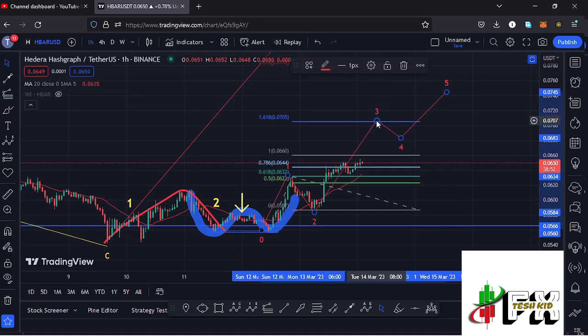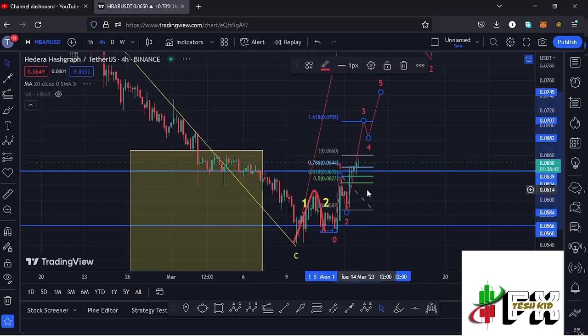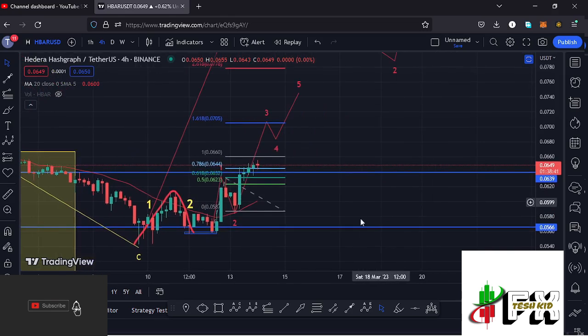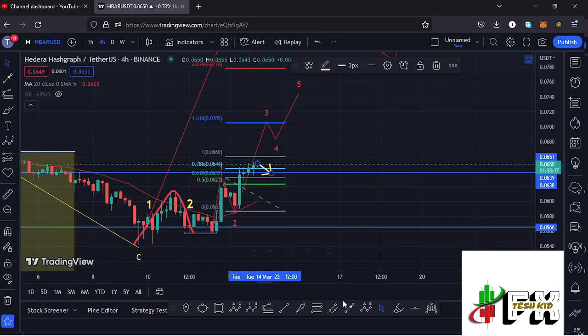So as long as we are holding above the 20-day MA, we continue holding above our key area of support that we have managed to break above here on the 4-hour chart at around the $0.0639 mark. We see even a retest of that key area of support, then there are chances that Hbar will continue gearing up to fully maximize our target area at the fib level 1.618, and that is at around the $0.0705 mark.